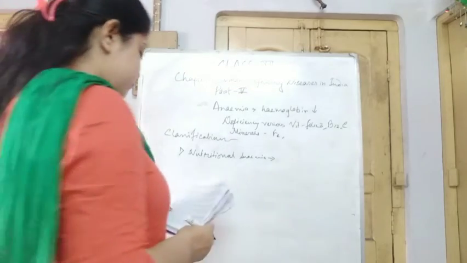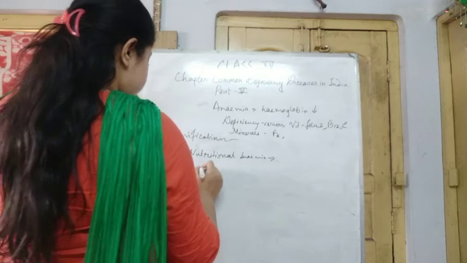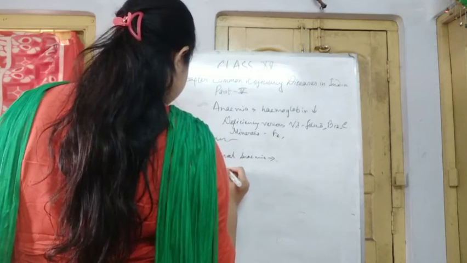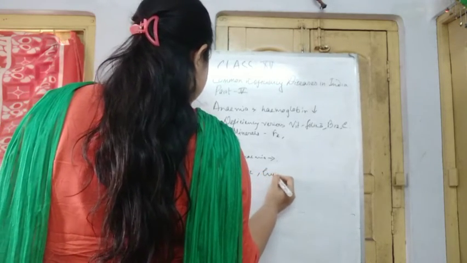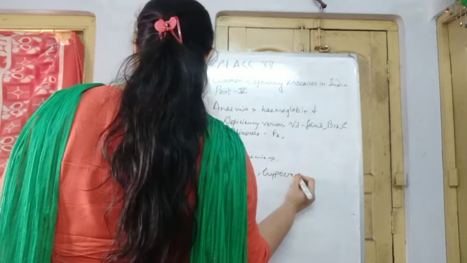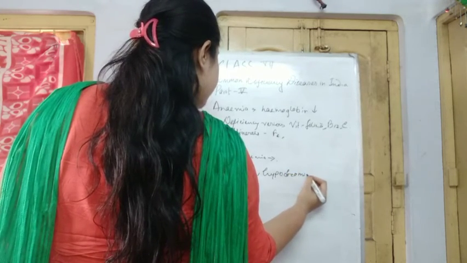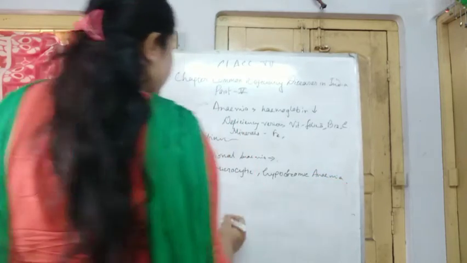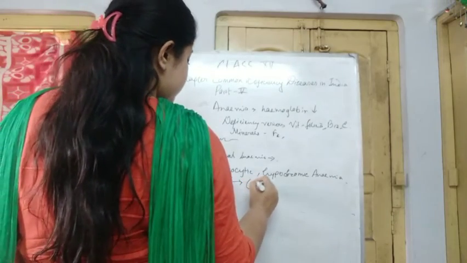The following types are: the first one can be microcytic hypochromic anemia. It occurs due to the deficiency of the iron.